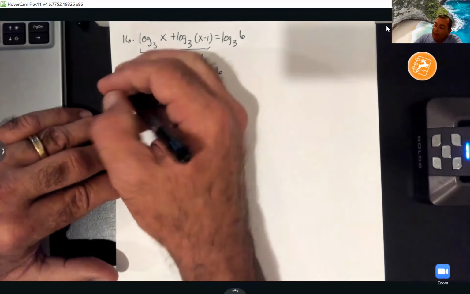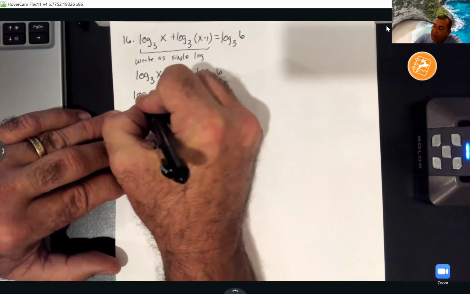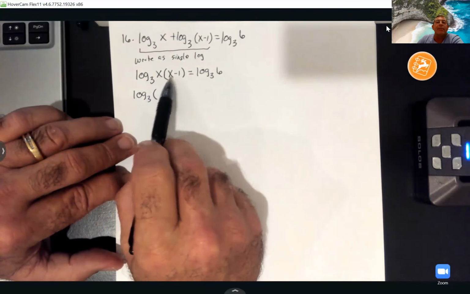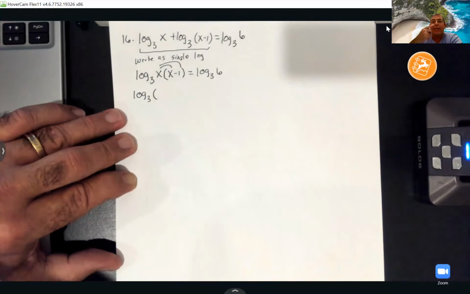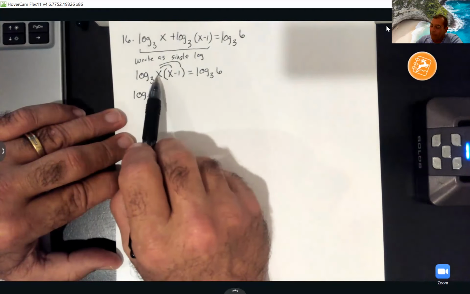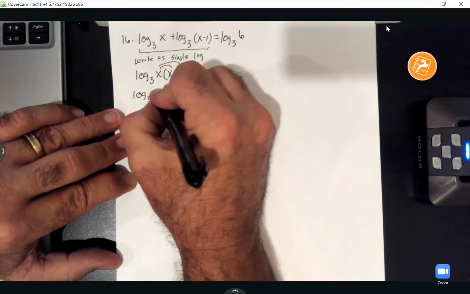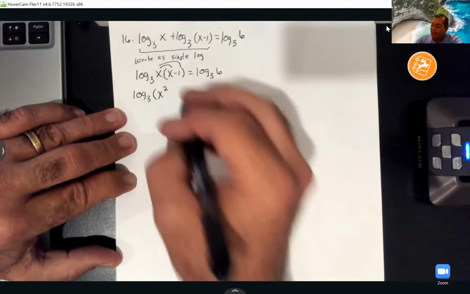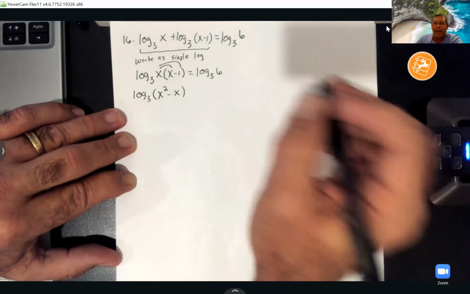Now, let's figure out what that equals. So log base 3, y'all, what's that going to give me? x times x minus 1. Distribute that x and see what you get. So how about the x times x? x squared. And then the x times negative 1 is just our negative x.